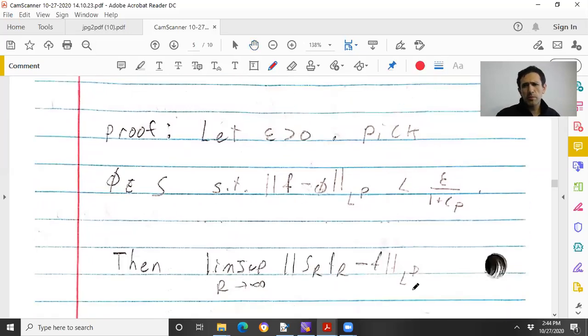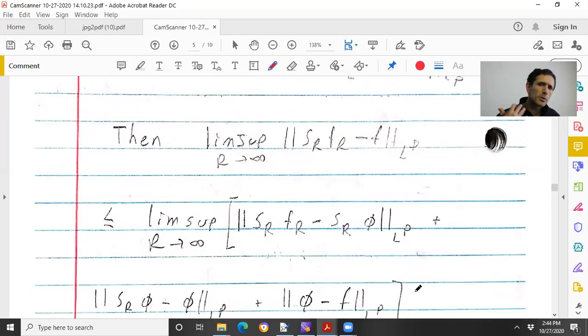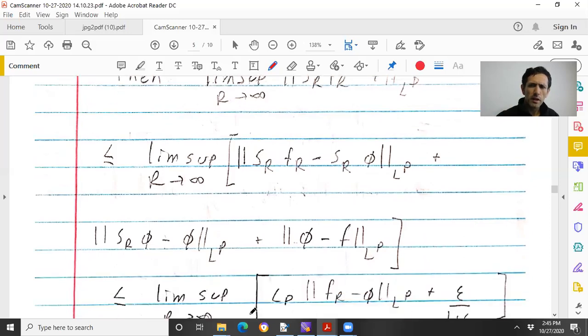Let's look at this lim sup here. Let's add and subtract terms and use the triangle inequality, adding and subtracting S_R applied to the Schwartz function, and adding and subtracting phi. Okay.